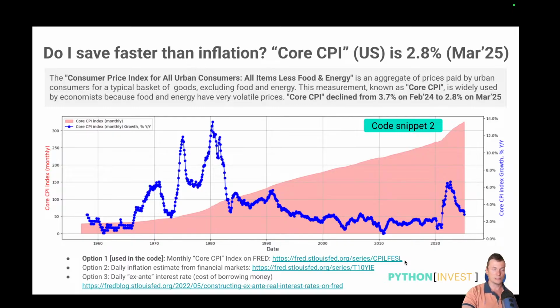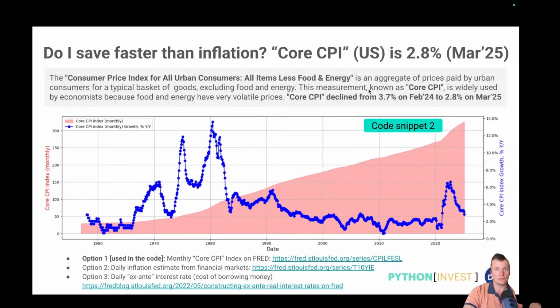And recently in the US and many other countries, inflation was quite high after COVID, and many central banks were fighting against inflation. And many of them were successful. So inflation went down in the last 2-3 years, and it's still going down.